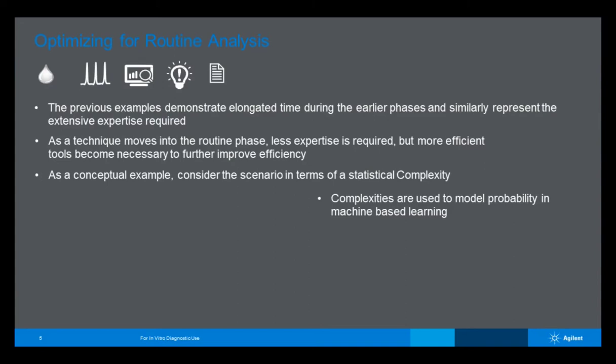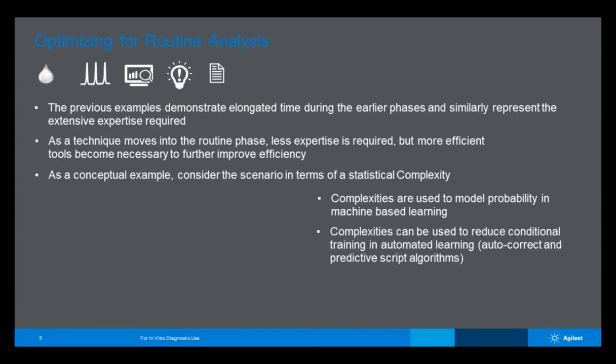For those of you who aren't familiar, statistical complexities are a section of mathematics that's dedicated towards probability modeling and determining what the complexity of individual systems are. And for this presentation, you can think of complexities as kind of the arch enemy, if you will, of efficiency and time to results. Those things are generally inhibited by complexities, or maximizing those things is. But complexities have a lot of applications too, and they're often used to model probability, as I mentioned prior, in machine-based learning.